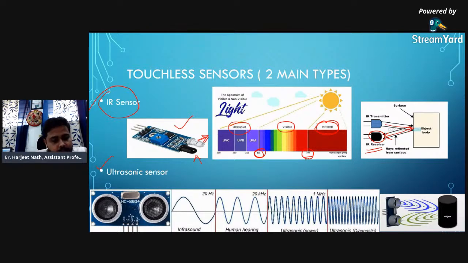Then there is another type of sensor, which is said to be an ultrasonic sensor. Now, this ultrasonic sensor also works on a similar phenomenon where you have one transmitter and one receiver.